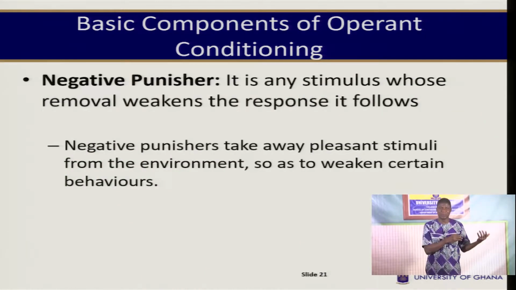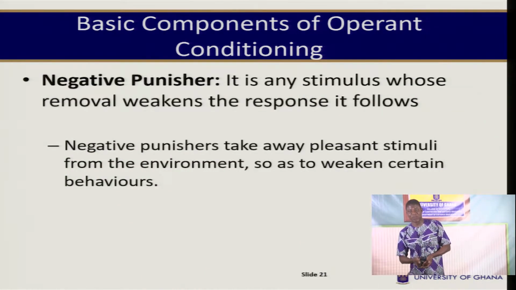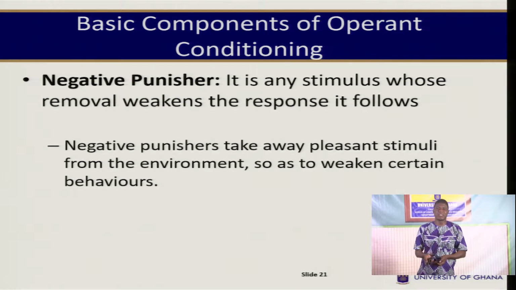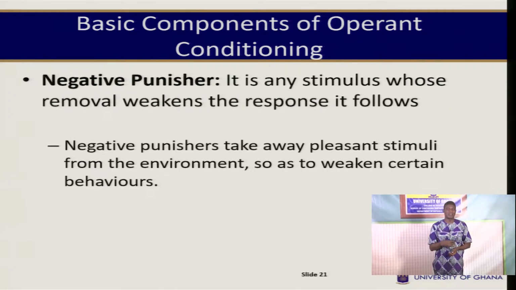A negative punisher, on the other hand, is a stimulus whose removal weakens the response that it follows. That is, negative punishers take a pleasant stimulus away from the environment so as to weaken certain behaviors that we don't like.